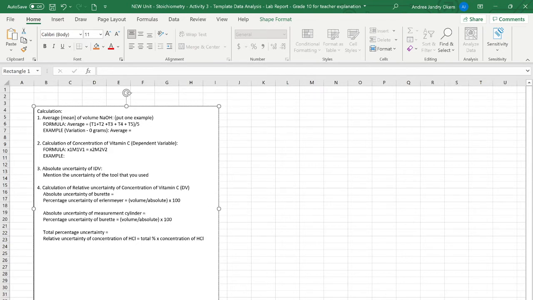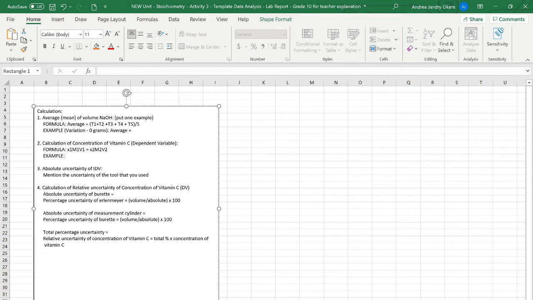Okay, and then after that find the total percentage, and you can find the relative uncertainty of the concentration of vitamin C. Okay, we need to put vitamin C, and then space.